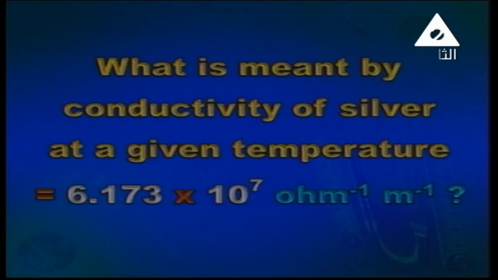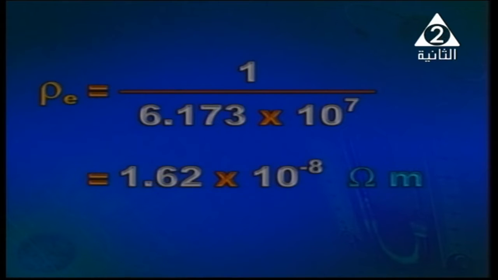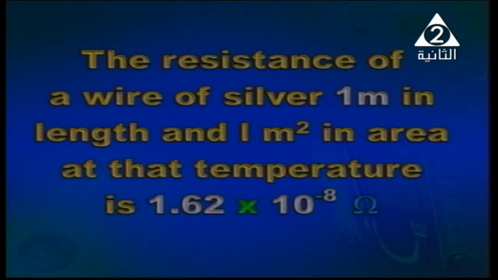Resistivity equals 1 over conductivity, so rho equals 1 over 6.173 times 10 power 7. It is 1.62 times 10 power negative 8 ohm meter. And now we can say the resistance of a wire of silver 1 meter in length and 1 meter squared in cross-sectional area at that temperature is equal to 1.62 times 10 power negative 8 ohm.